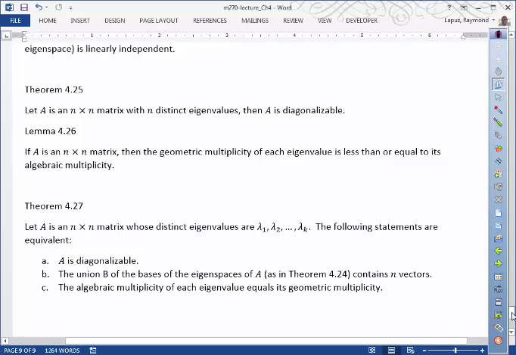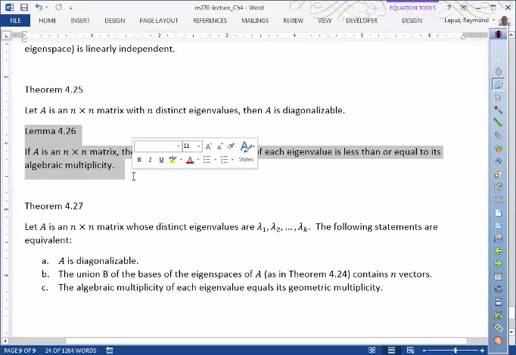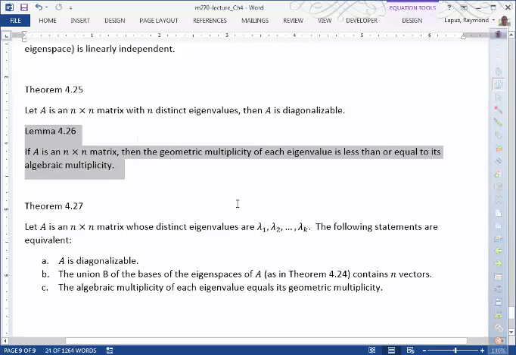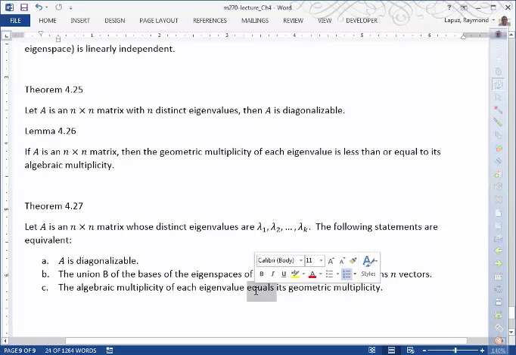Rami? So that was just saying that the geometric multiplicity is always less than or equal to the algebraic multiplicity? Yeah, this lemma is saying that the geometric multiplicity is always going to be less than or equal to the algebraic multiplicity. But if you want it to be diagonalizable, then it has to be equal.